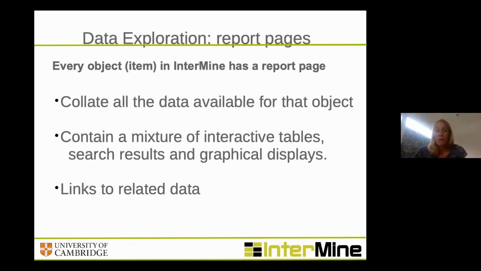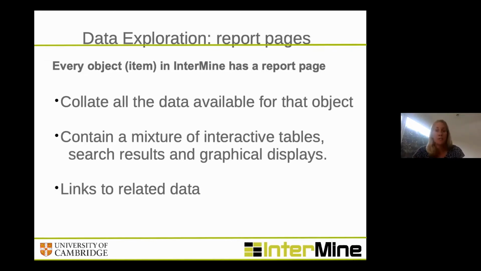For the report pages, everything within an InterMine has a report page, whether it's a gene or a protein domain. The report pages collate all the data that we have available for that object. I'm sure you're probably all familiar with report pages from other databases. The data is presented in a mixture of interactive tables, search results and graphical displays, and there are links through to all the related data.